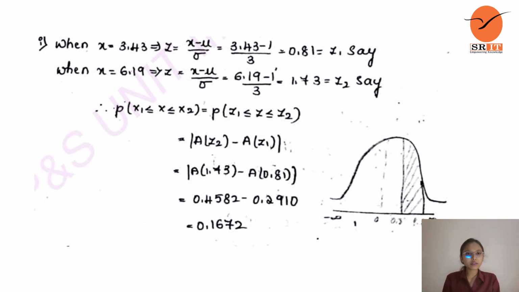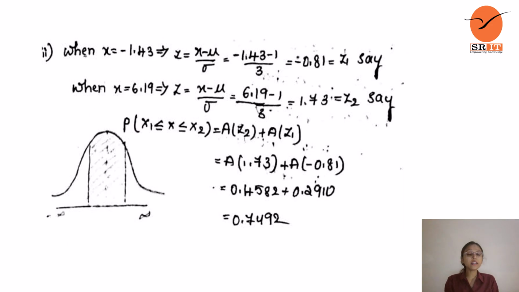Therefore, p of x1 less than or equal to x less than or equal to x2 is equal to p of z1 less than or equal to z less than or equal to z2, which is equal to the modulus of A of z2 minus A of z1. When we solve it further, we get 0.4582 minus 0.2910, which is equal to 0.1672 as shown in the diagram. So moving on to the next slide.